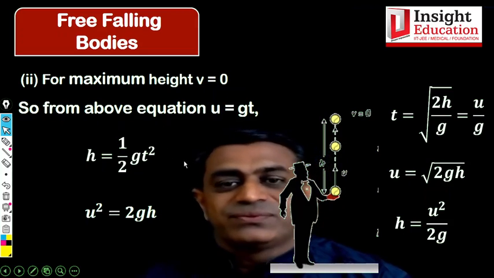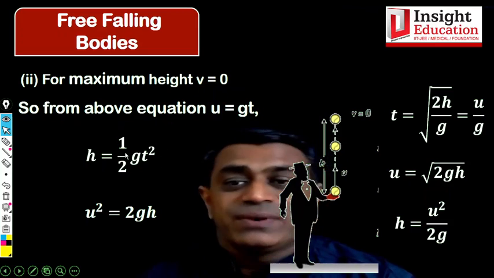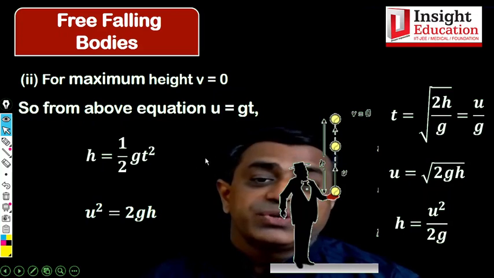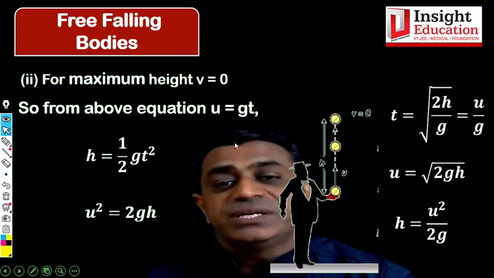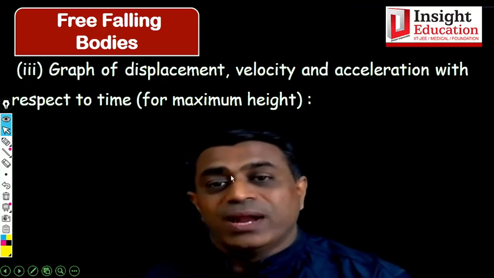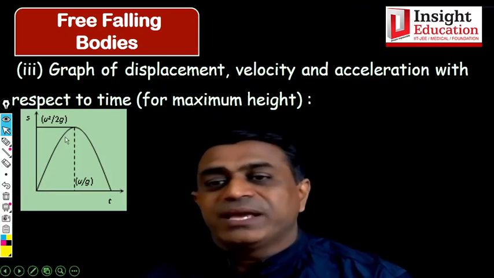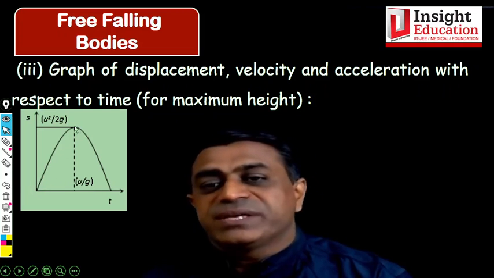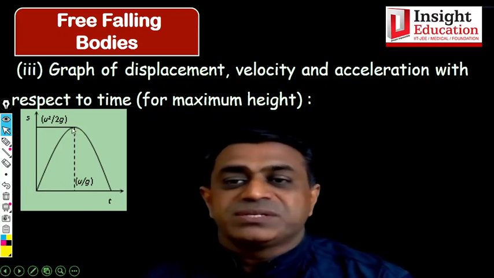For the graph, h is equal to ut minus 1 half gt square. It means y, so that is an asymmetric parabola. So graph is an asymmetric parabola. With increase in time, distance increases. At one moment distance is maximum.